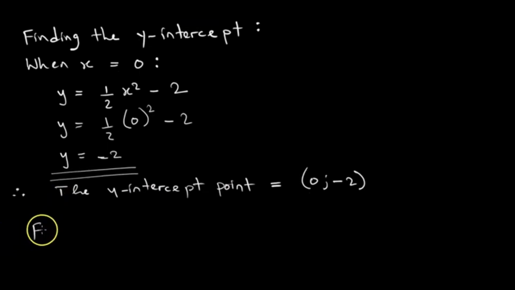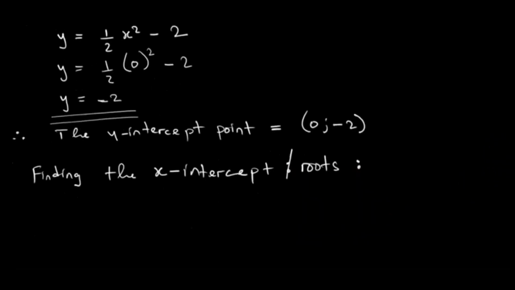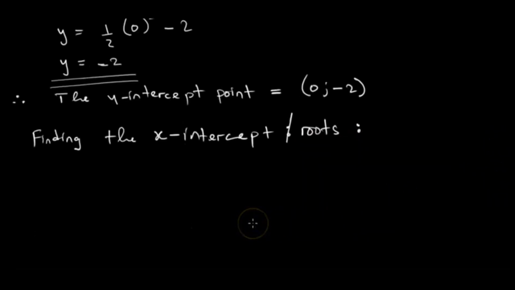If we want to find the x-intercept, how do we find the x-intercept? By the way, the x-intercept, these are our roots. And I'm going to explain in a moment what I mean. So for the x-intercept, the condition is when y is equal to 0.